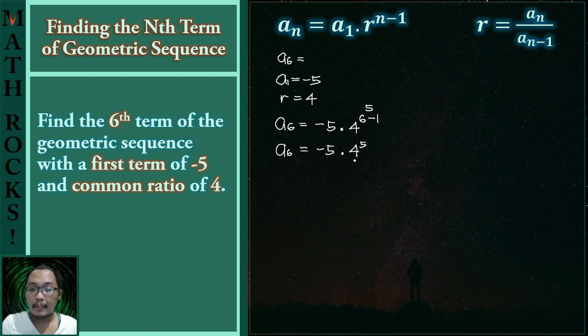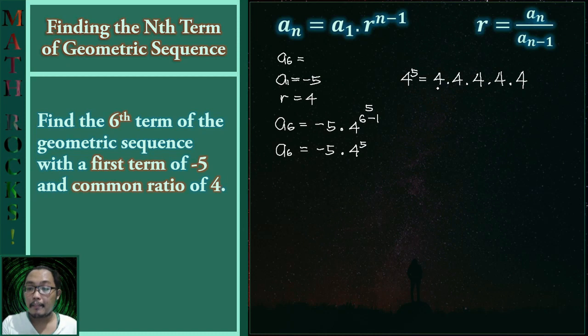Now to simplify this exponential expression of 4 raised to 5, you have learned already in grade 9 that this could be expressed as 4 times 4 times 4 times 4 times another 4, for which the base is the repeating number used in the multiplication, and the exponent tells us how many of this base should be used in the multiplication.